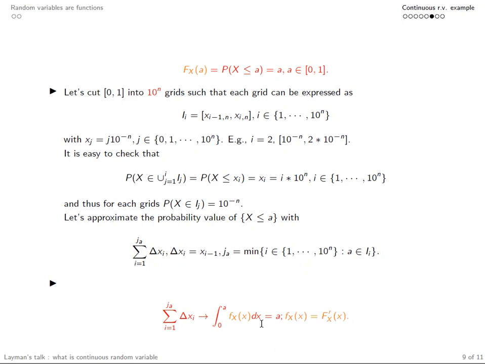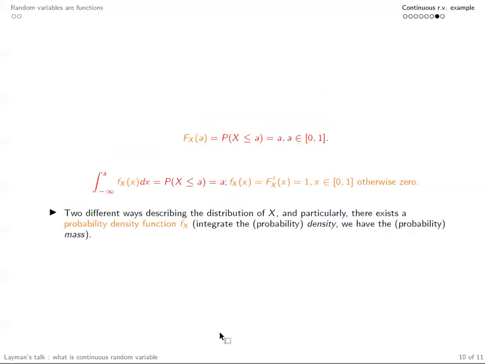So here we have two ways to represent the probability value of X smaller or equal to A. We could use the capital F_X CDF function. We could also use this small f_X. It's referred to as the density function, the probability density function, PDF. So we have two different ways of describing the distribution of X.